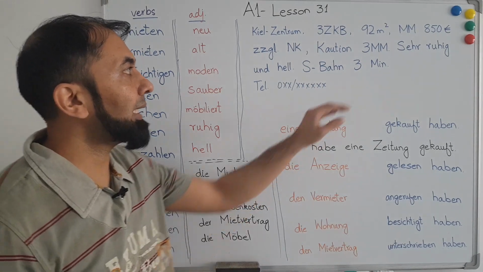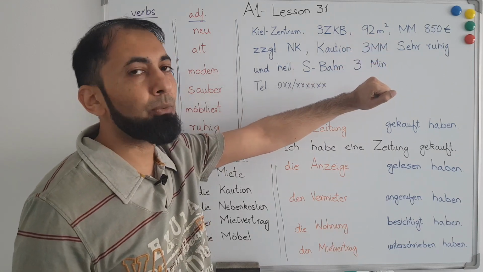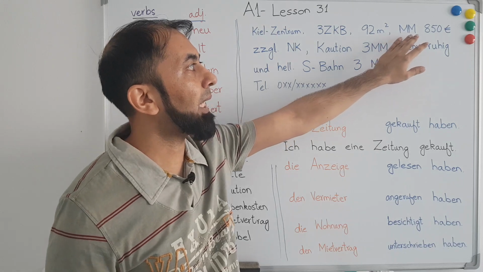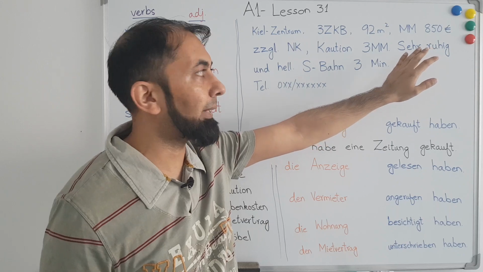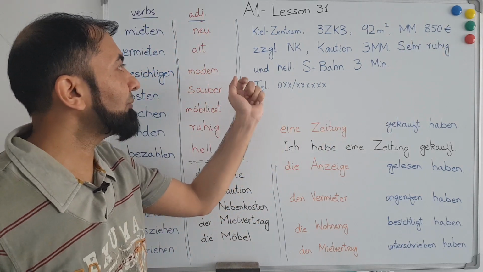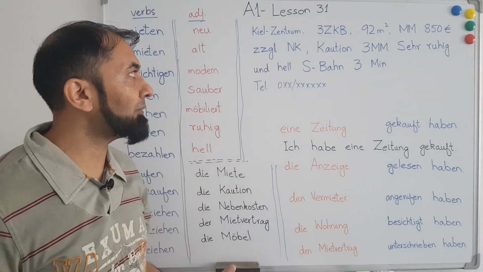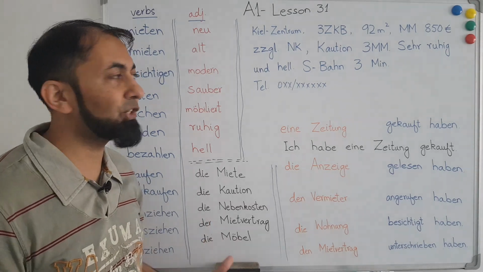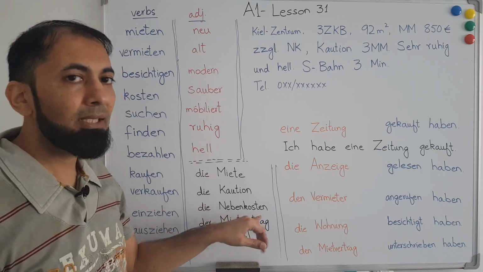Its area is 92 square meters, which is called 92 Quadratmeter. Then we have MM, which means Monatsmiete, the monthly rent, and that is 850 euros. Then we have zzgl., again an abbreviation, which means zuzüglich, meaning additional, and die Nebenkosten.